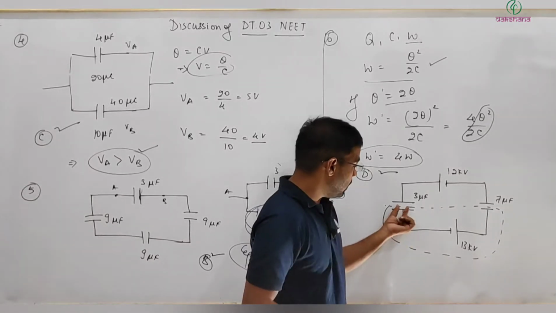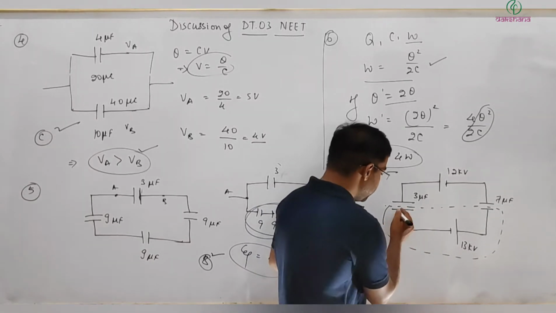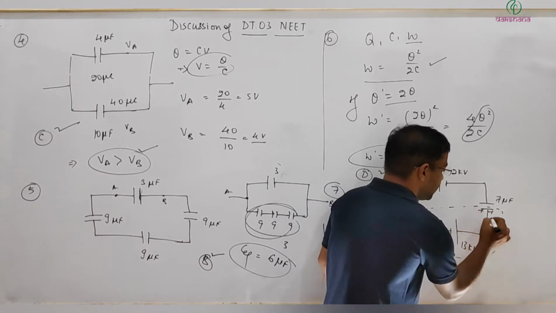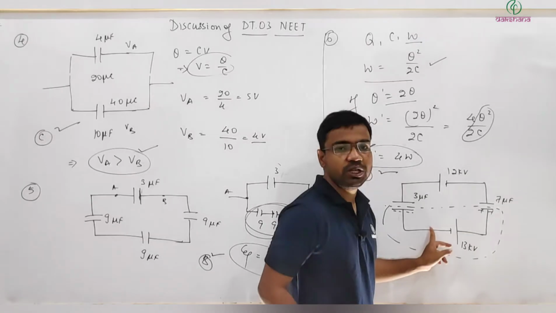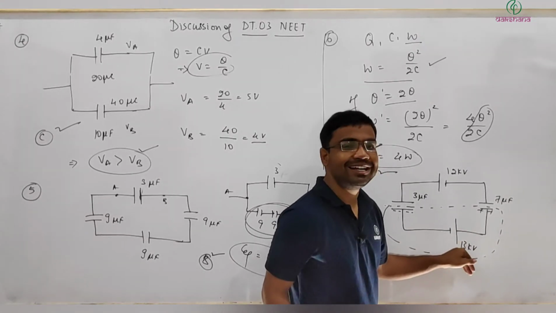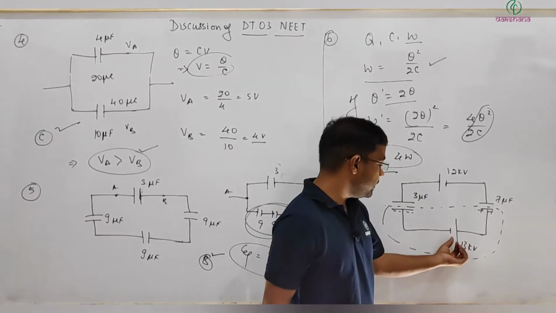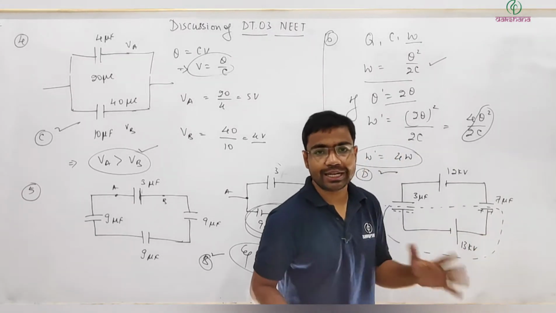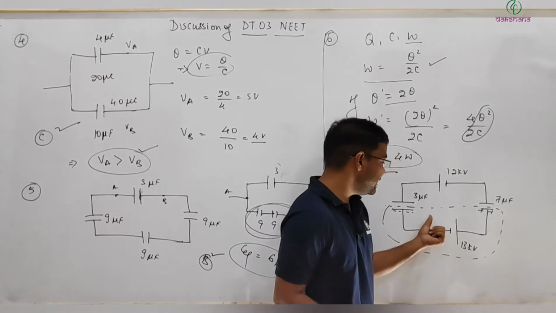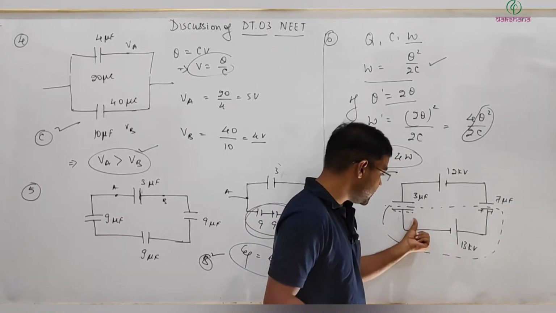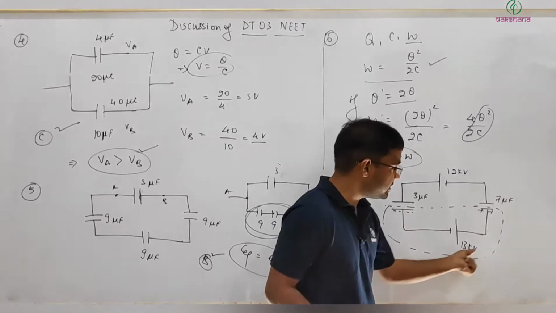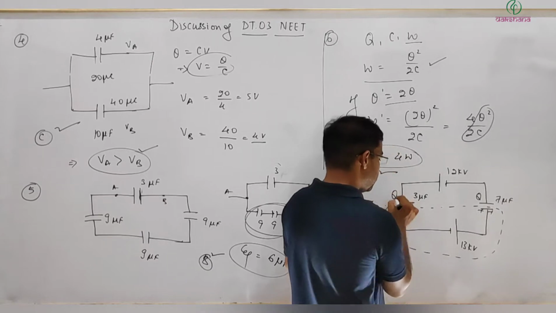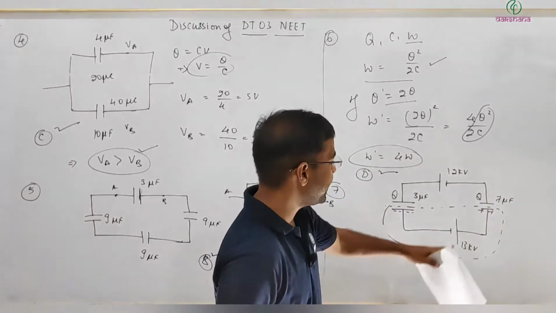If negative charge appears on this plate, then positive charge appears on the other, and the charge must be equal, because a battery can't generate charge. It just supplies charge from one side to another. Remember that. Here the battery will pull positive charge from here and supply it there. So if the charge here is Q, then the charge here will also be Q. Now I can go with KVL.